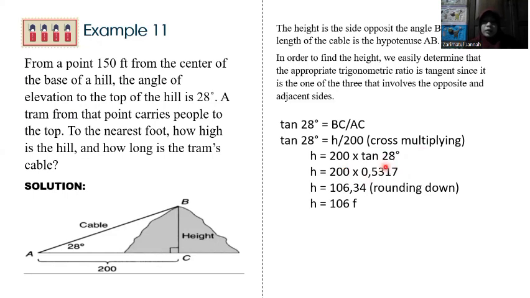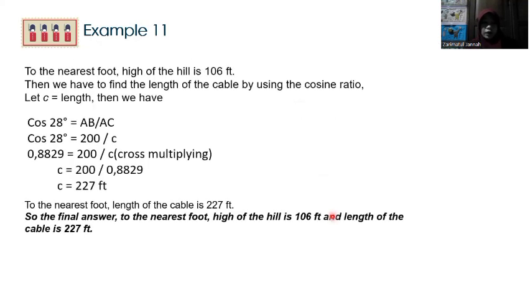Tangent of 28 degrees is 0.5317. Times 200, we get 106.34. Rounding down, we get 106. So the height of the hill is 106 feet to the nearest foot.